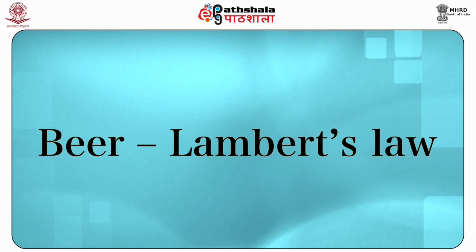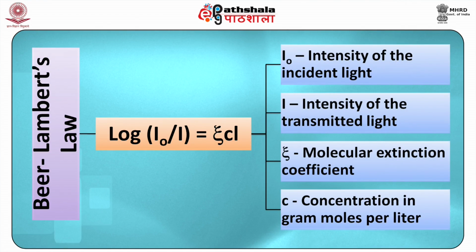Next is Beer-Lambert's law. The combined law may be expressed as log of I0 by I equals eta Ct, where eta is the molecular extinction coefficient and C is the concentration in gram moles per liter. The validity of the combined law should be tested for each system which is being quantitatively investigated.